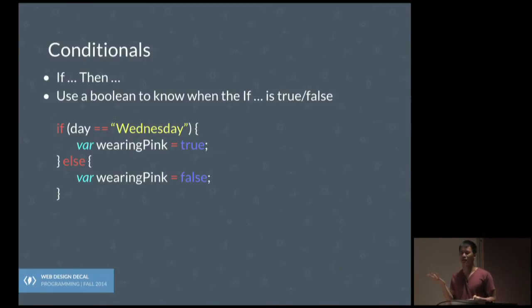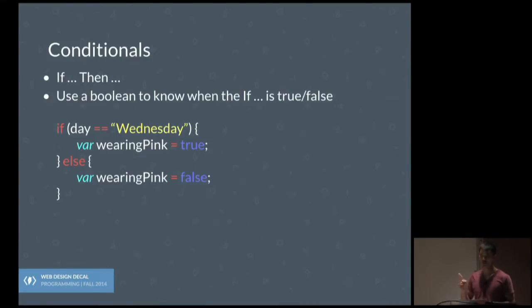So basically, conditionals are sort of a fancy way of how we think all the time anyway. I don't know if any of you have seen Mean Girls, but on Wednesdays we wear pink, right? The conditional for that is really kind of simple, and you guys probably do this subconsciously. If the day is Wednesday, then make sure that wearing pink is true.